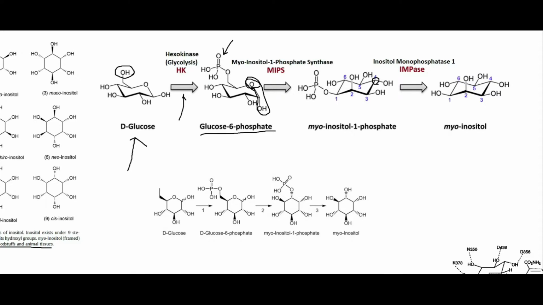And then we have this inositol monophosphatase, which is just removing the phosphate, and we end up with our myo-inositol.